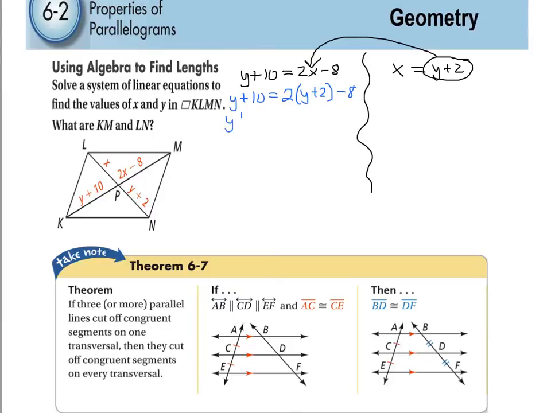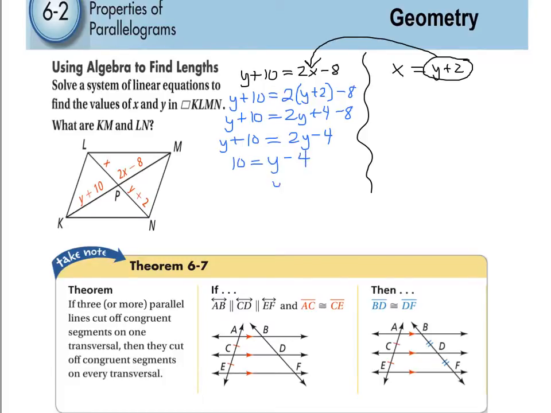If I distribute, I get y plus 10 equals 2y plus 4 minus 8, and combining like terms, we end up with 2y minus 4. Now you can just solve it like a normal equation. If I subtract y from each side, I get 10 equals y minus 4.